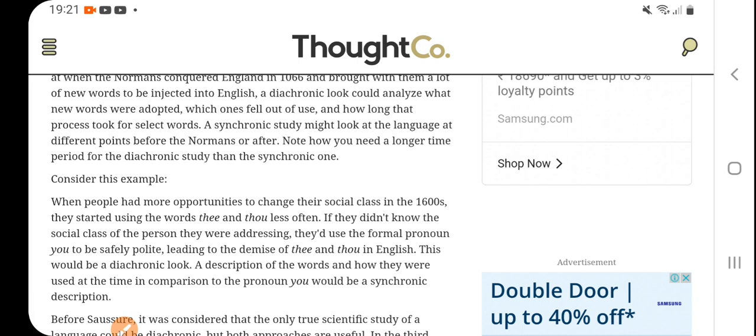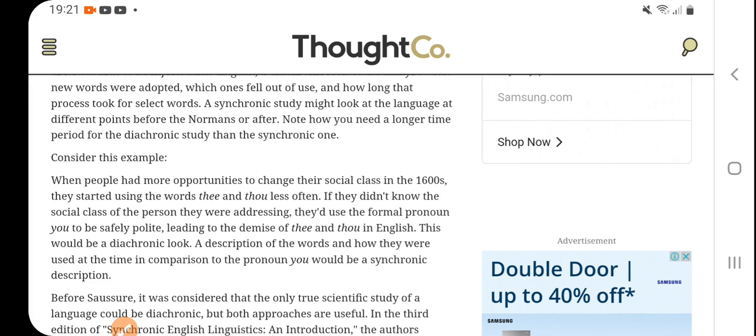A diachronic look could analyze what new words were adopted, which ones fell out of use, and how long that process took for select words. So that is the beginning, how those words were used, that is the study.